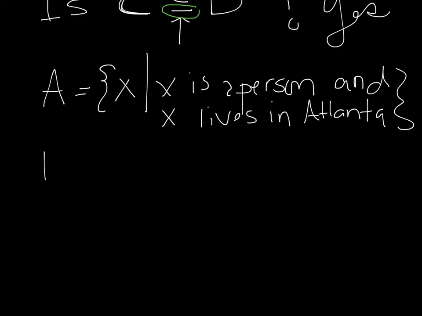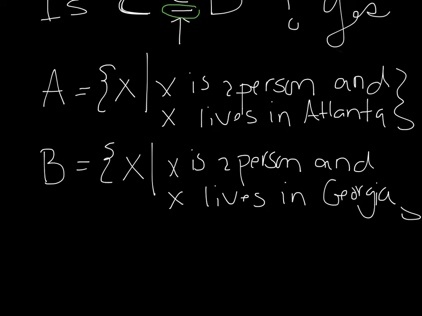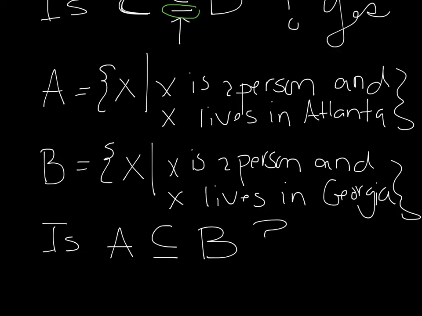And then set B is going to be X such that X is a person and X lives in Georgia. So the question is, is A a subset of B?